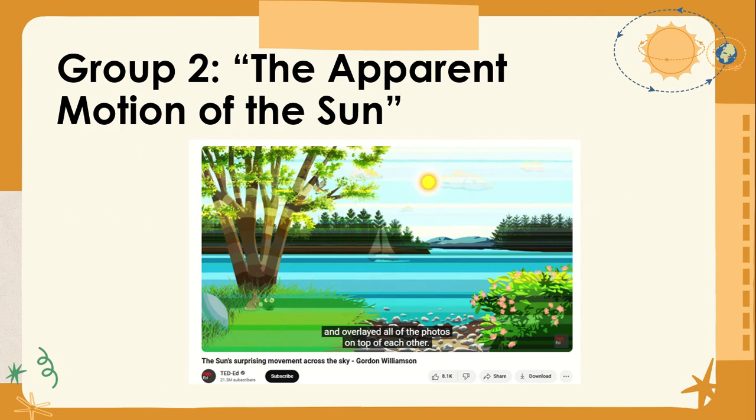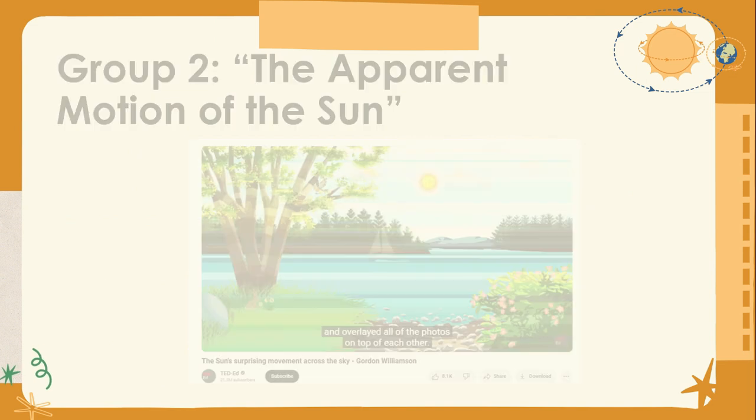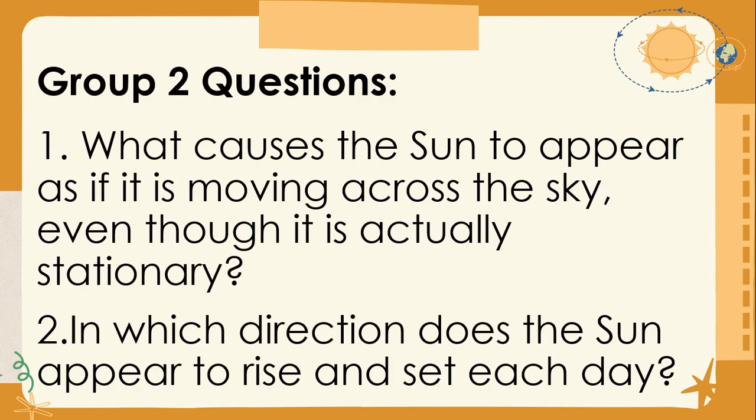For group 2, the apparent motion of the sun. Here are the questions. What causes the sun to appear as if it is moving across the sky even though it is actually stationary? In which direction does the sun appear to rise and set each day?